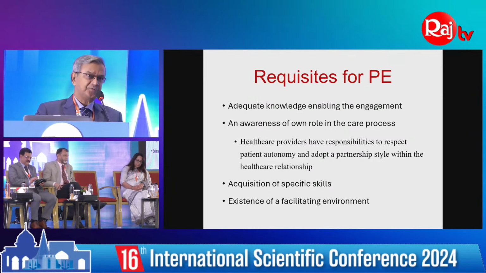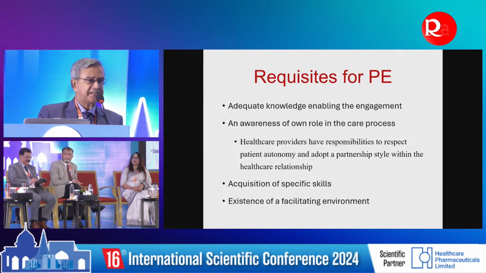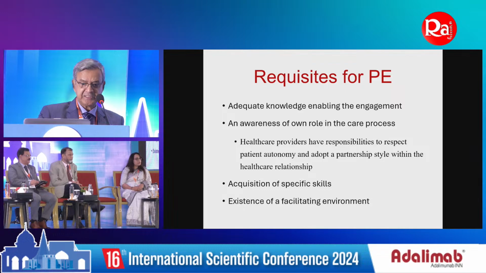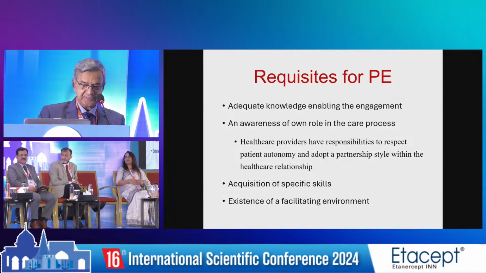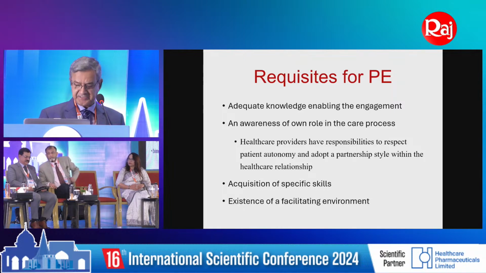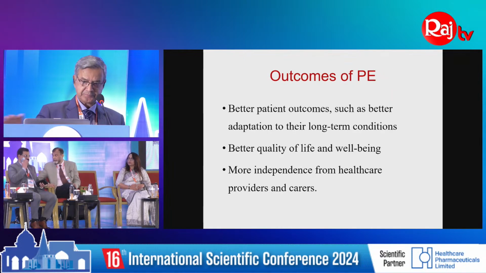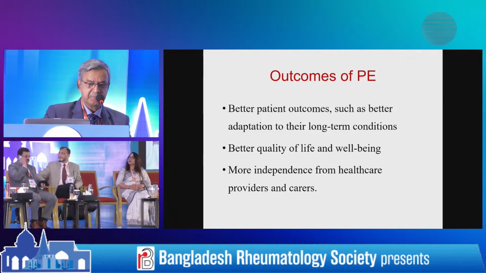What are the requisites for patient empowerment? Number one is adequate knowledge, enabling the engagement and awareness of their own role in the care process, acquisition of specific skills, and existence of a facilitating environment. What are the outcomes of patient empowerment?